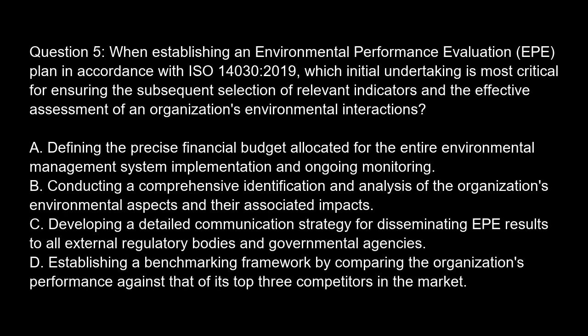Option B. Conducting a comprehensive identification and analysis of the organization's environmental aspects and their associated impacts. Option C. Developing a detailed communication strategy for disseminating EPE results to all external regulatory bodies and governmental agencies. Option D. Establishing a benchmarking framework by comparing the organization's performance against that of its top 3 competitors in the market.